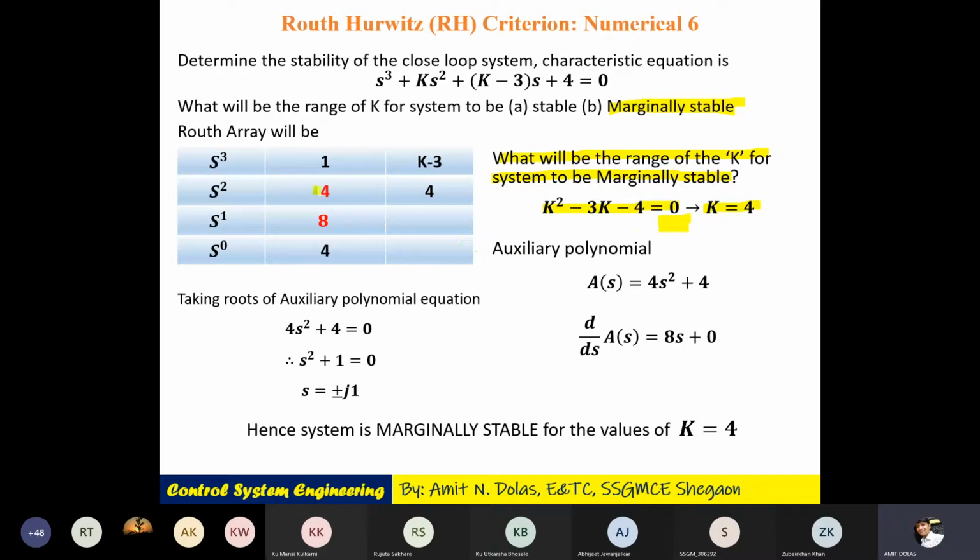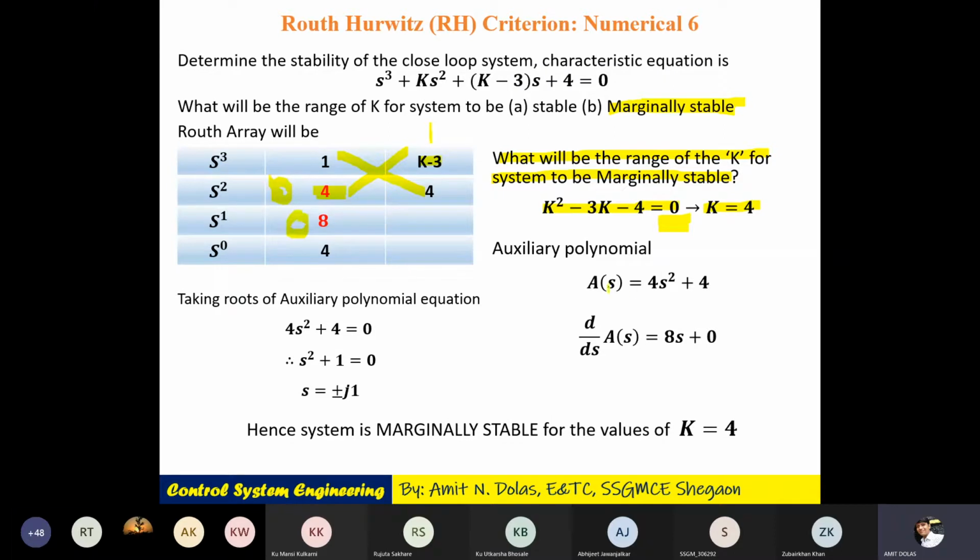So in place of k, we'll put 4, then this k minus 3 will be 1. Taking the cross multiplication, 4 into 1 is 4, minus 4 into 1, 4 minus 4 will be 0. Here, in s to the power 1, it will be 0.